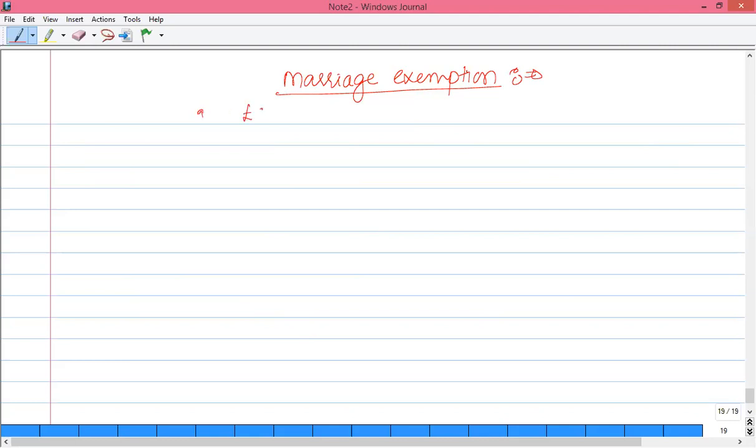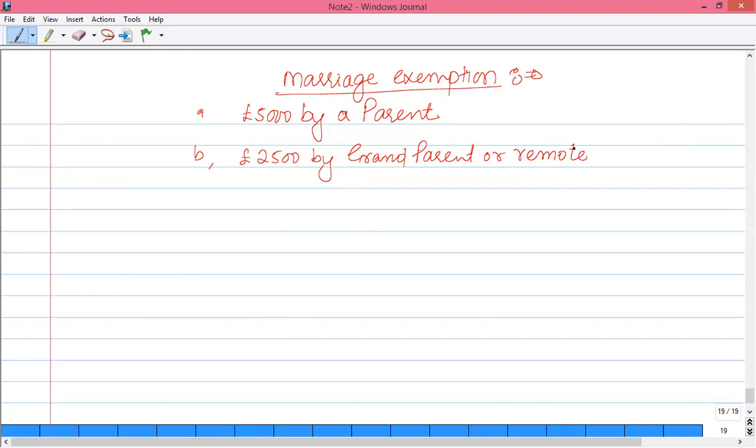Gift of 5,000 by a parent is exempt, 2,500 by grandparent or remote ancestors.